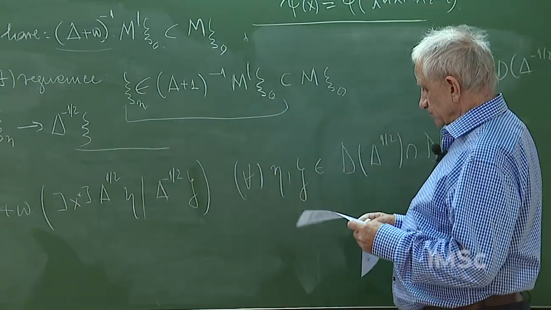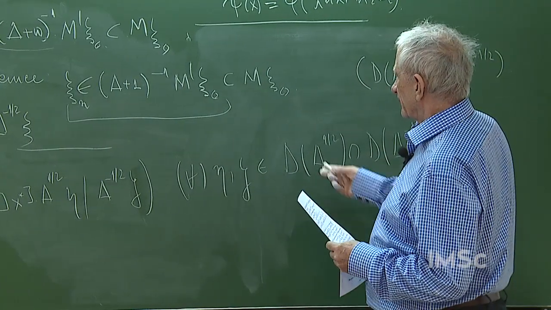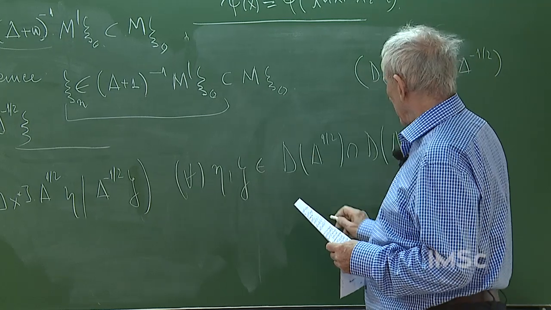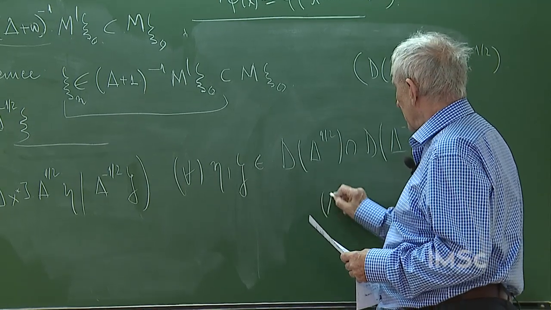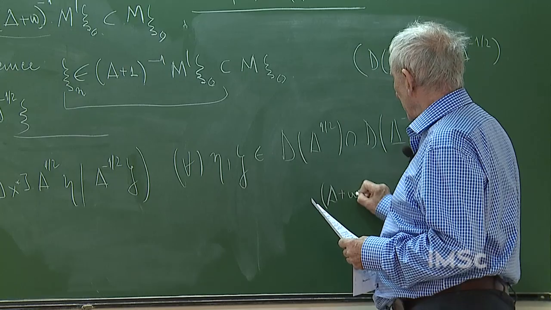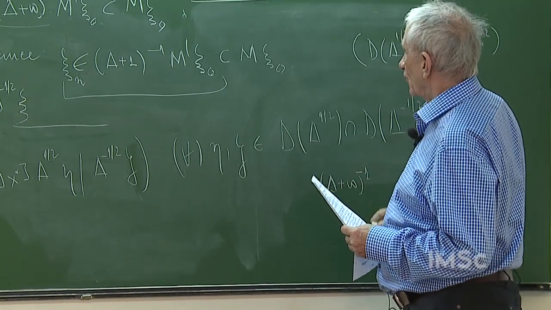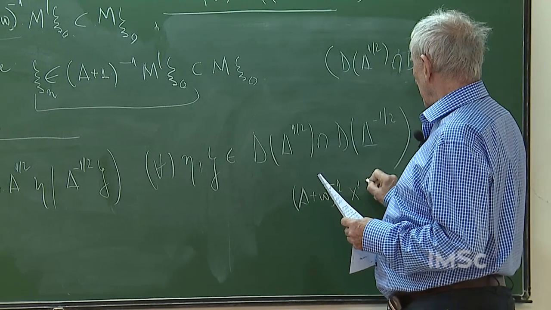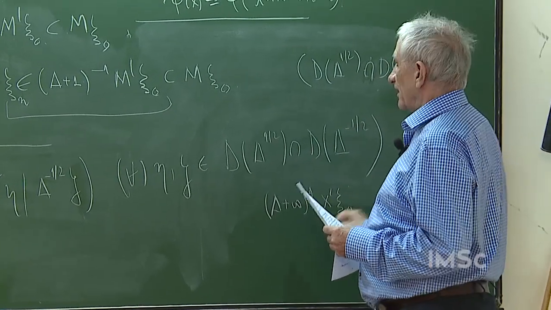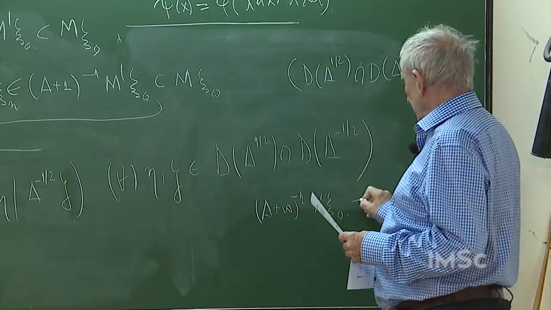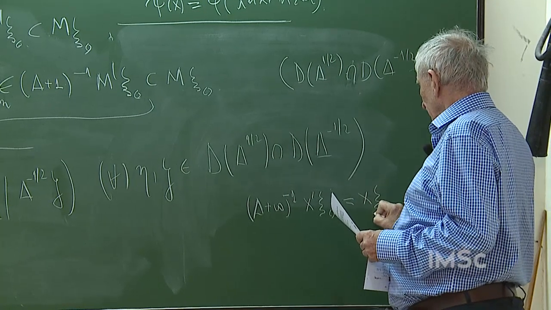I missed to put, this thing is delta plus omega to -1 of x prime psi naught, which is in here, so it is of the form x psi naught.